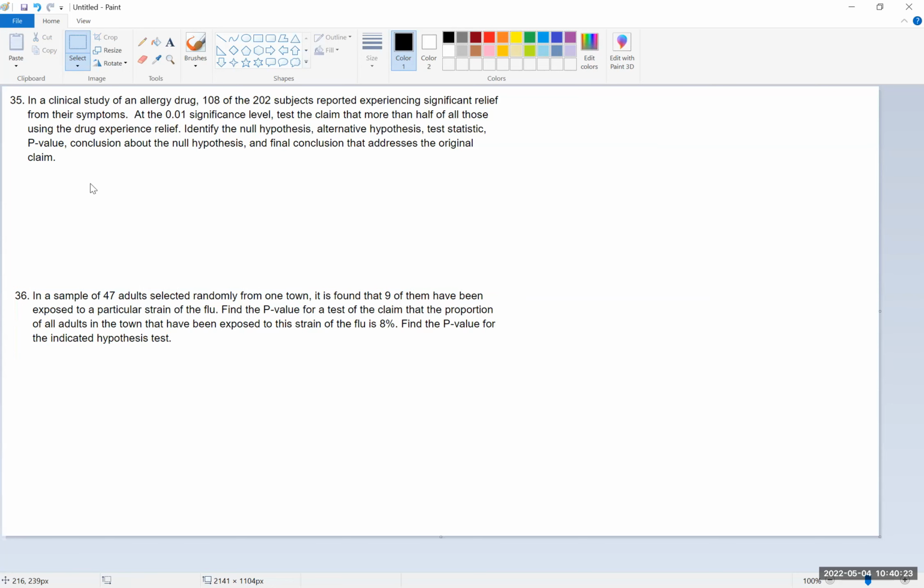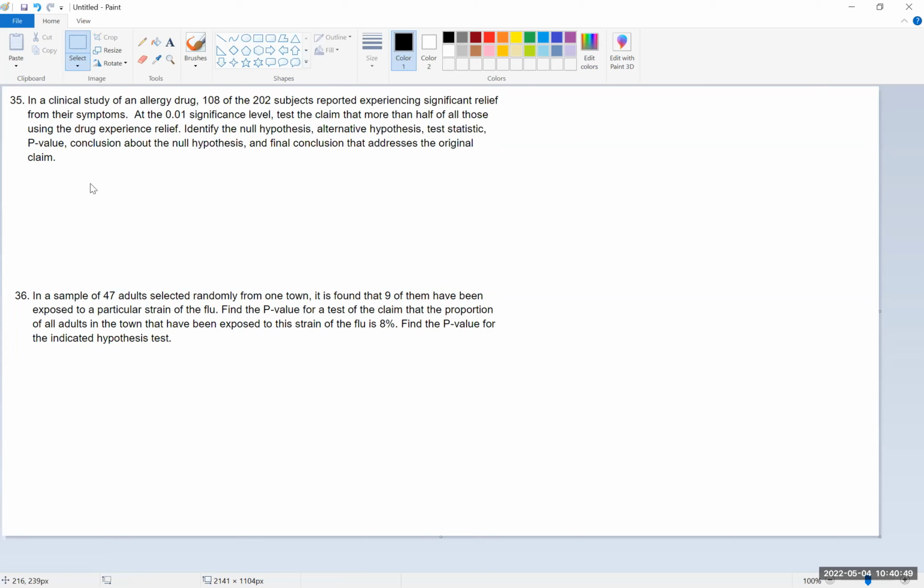Number 35. It says in a clinical study of an allergy drug, 108 of the 202 subjects reported experiencing significant relief from their symptoms. At the 0.01 significance level, test the claim that more than half of all those using the drug experienced relief.